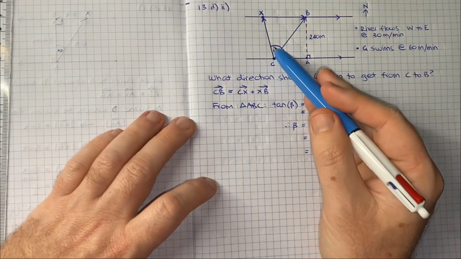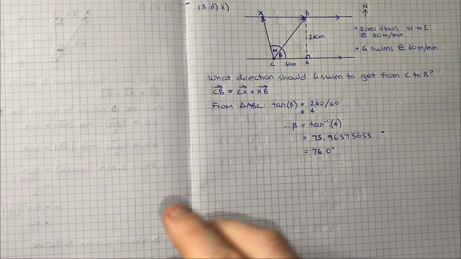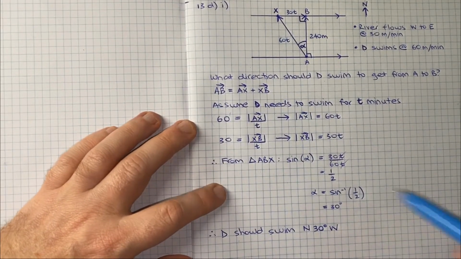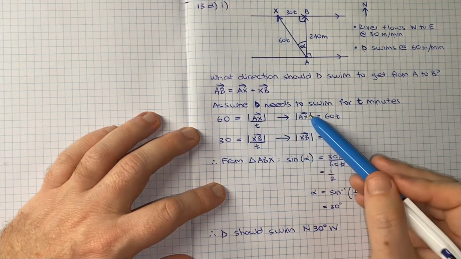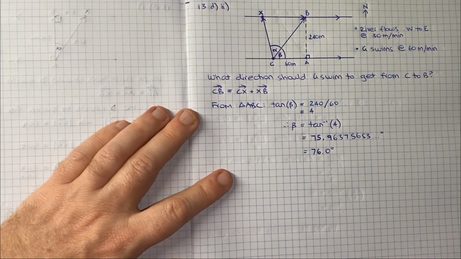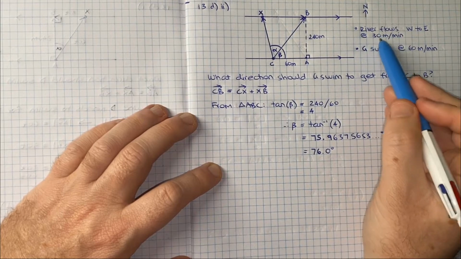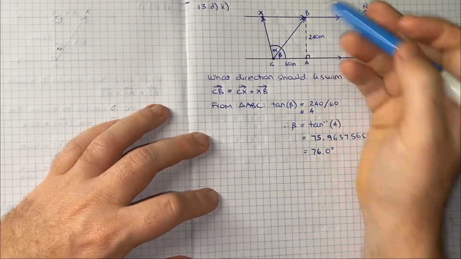I think we can use a similar approach, I'll just move my ruler, to what we did in part 1, where we used our speeds to work out the magnitude of our other vectors. Once again, we've got Gabriel swimming at 60 meters per minute and the river is still flowing at 30 meters per minute.